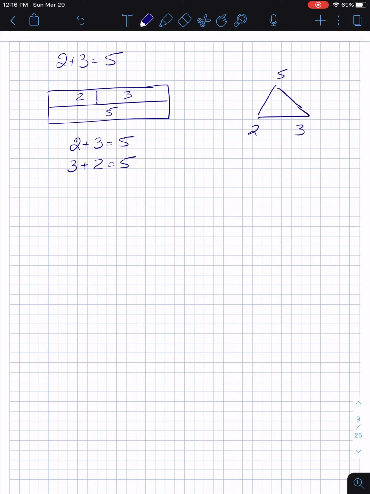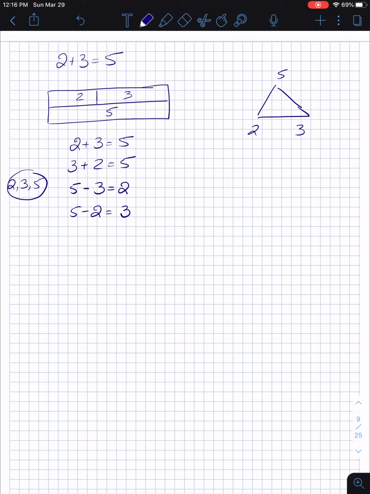Or when subtraction starts happening, well, in subtraction, we can take 5 and take away 3 equals 2. But what happens when we take 5 and take away 2? Well, that equals 3.